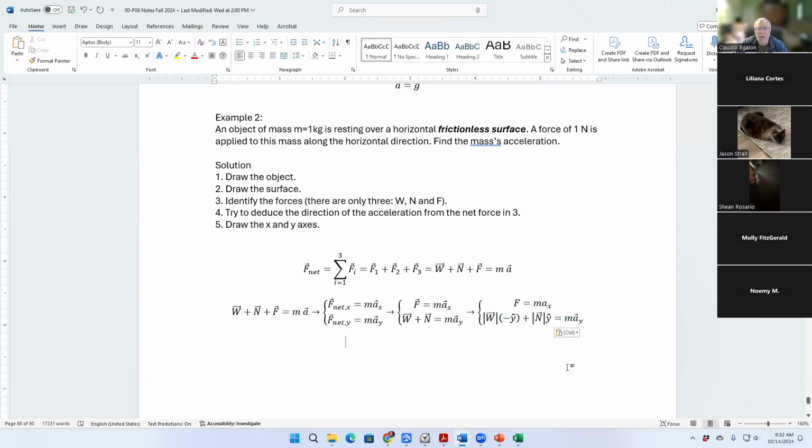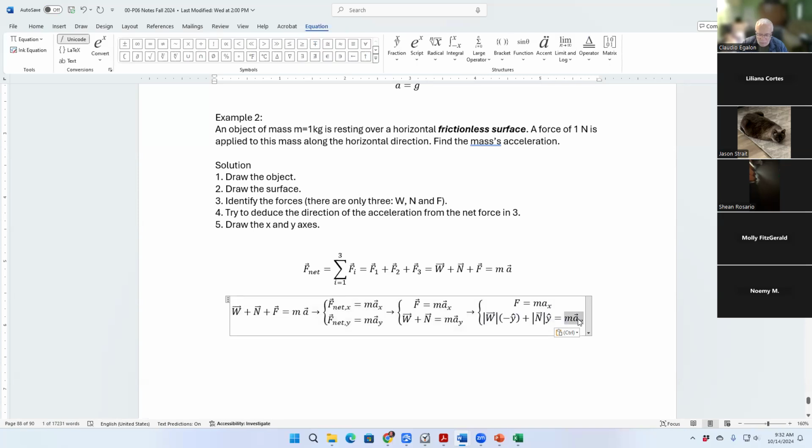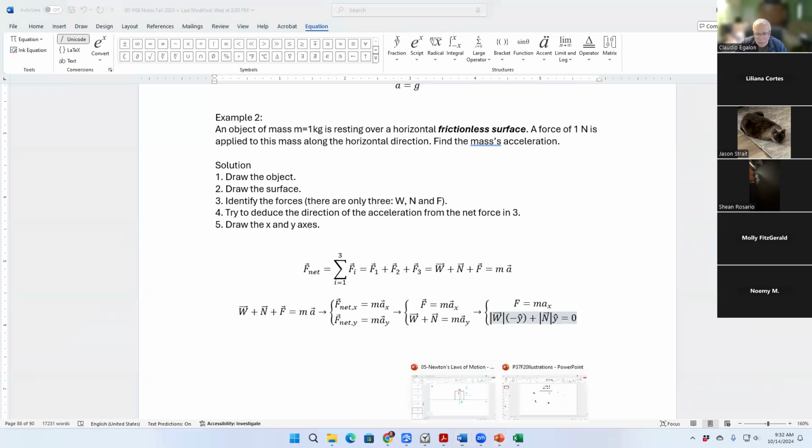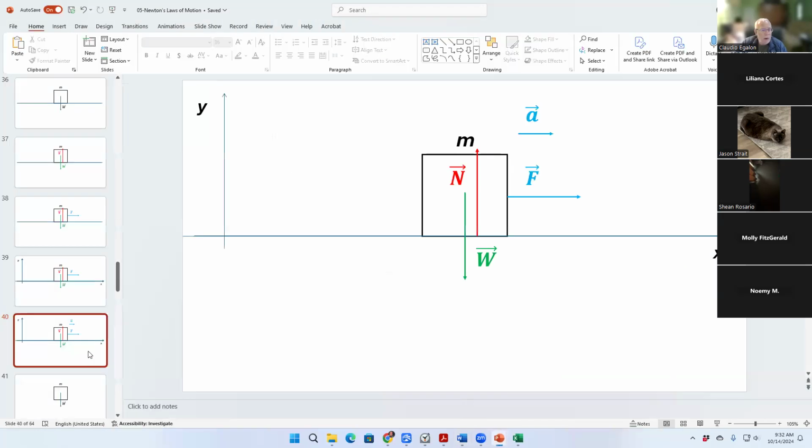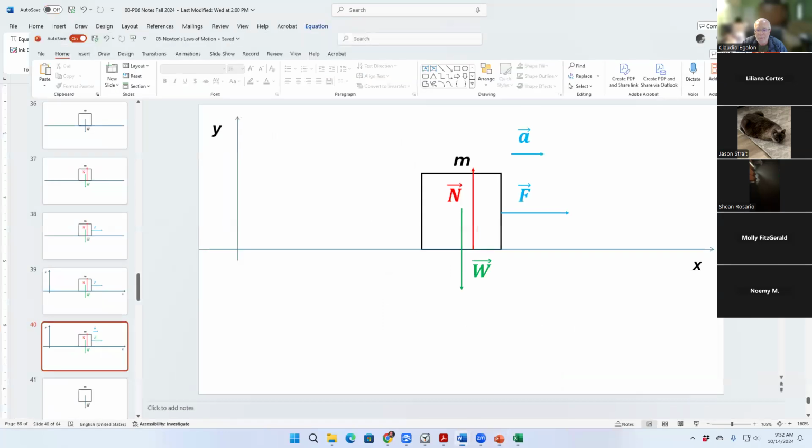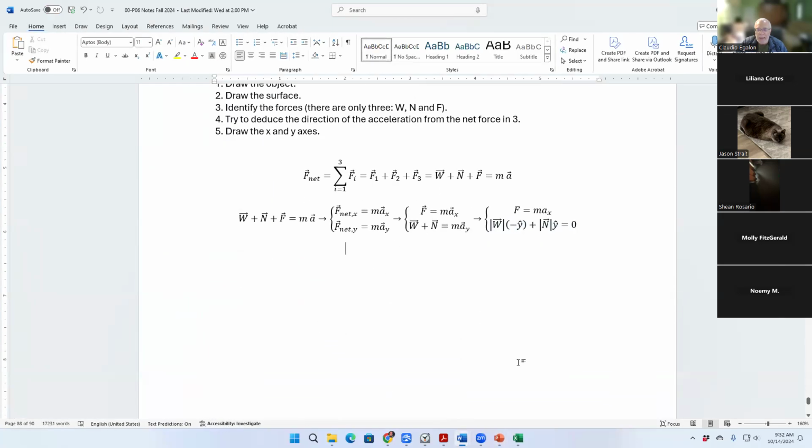Since there is no acceleration along the vertical direction, the acceleration is going to be 0 here. So this problem that you see is in reality two problems. One along the horizontal direction, that's given by Newton's second law of motion, and the other along the vertical direction, that's solved by using Newton's first law of motion. Okay? And now we have the system of equations right here.